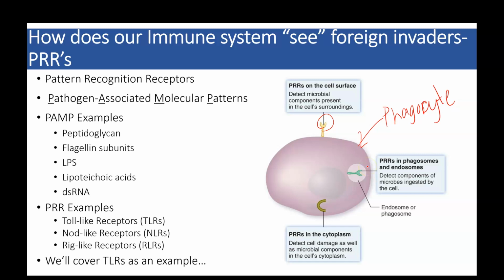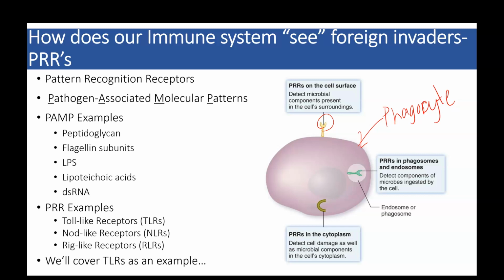And then finally, in all cells of our body, we have pattern recognition receptors that are just kind of floating around the cytoplasm of our cells. And they're going to recognize damage inside of our cells. And as soon as they recognize that damage, they're going to tell that cell to kill itself and basically commit to an apoptotic pathway so that cell can't cause further damage.